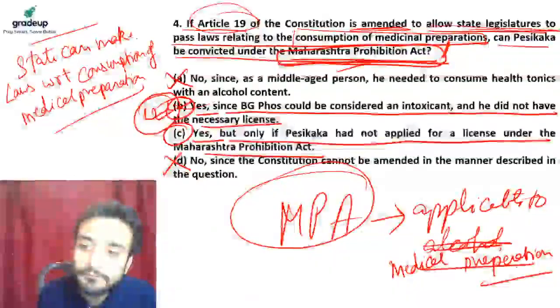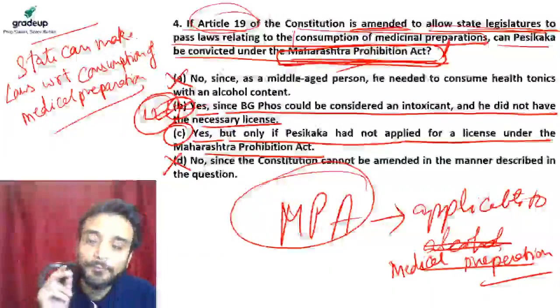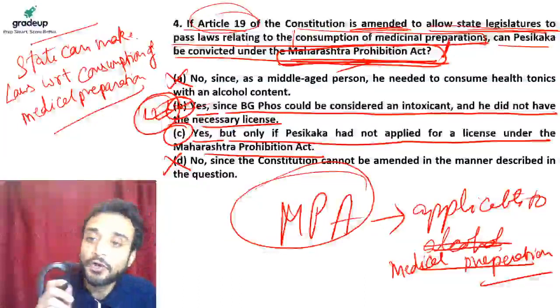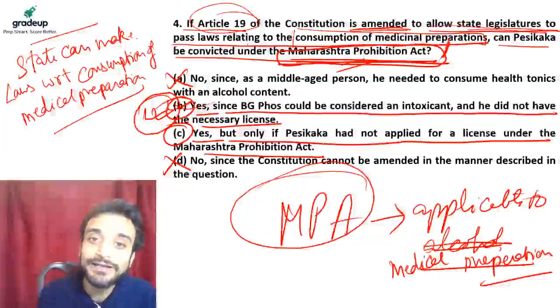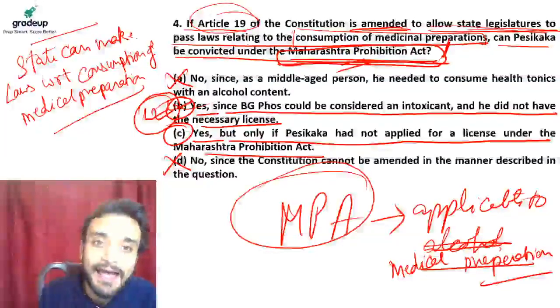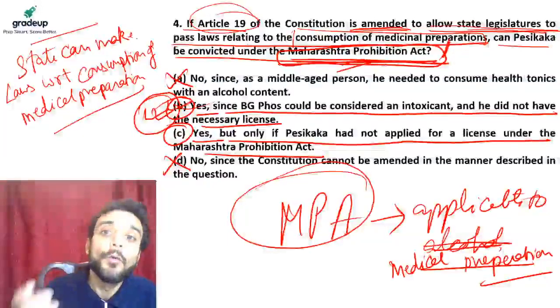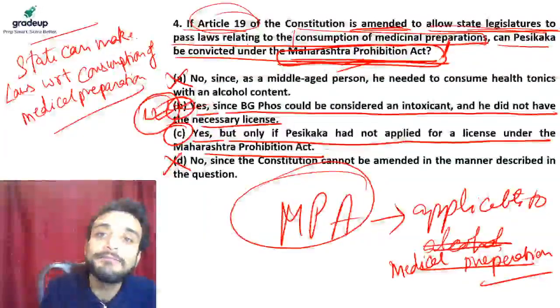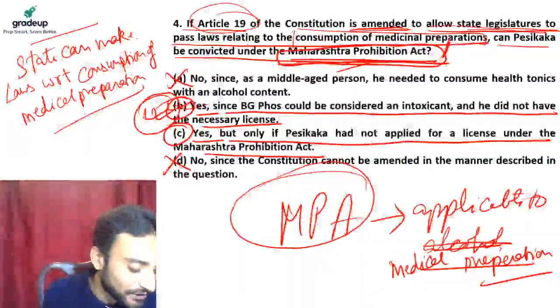If the Maharashtra Prohibition Act is applicable to medical preparation, then the fact that Pisi Kaka did not have the necessary license will make him convicted under the Maharashtra Prohibition Act. Am I clear?